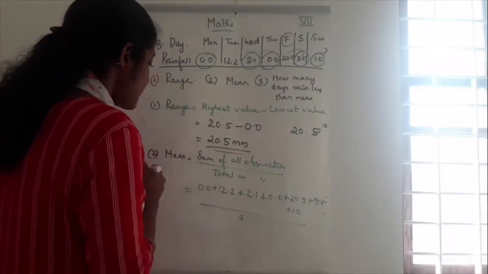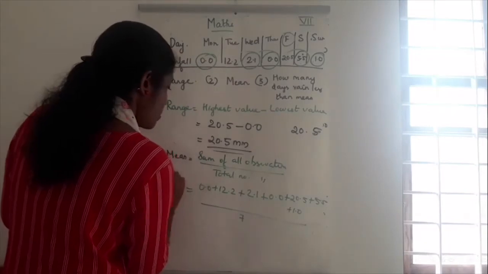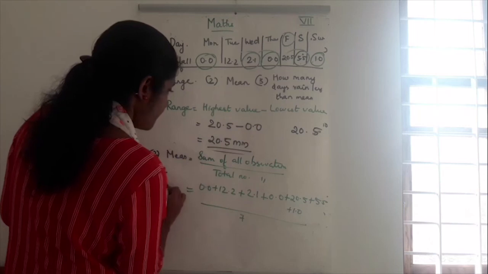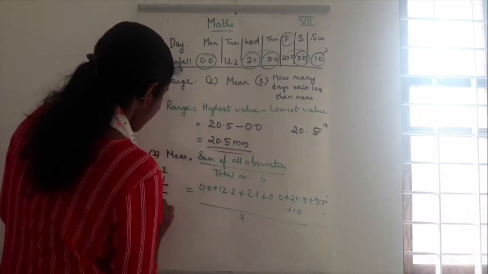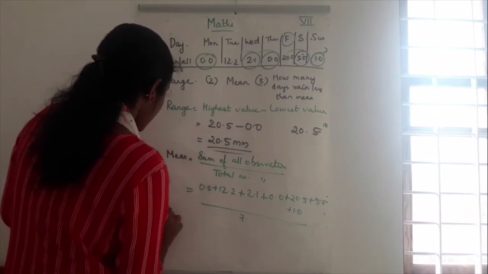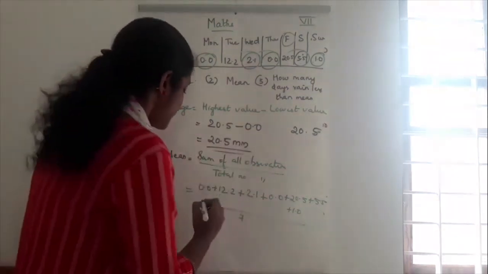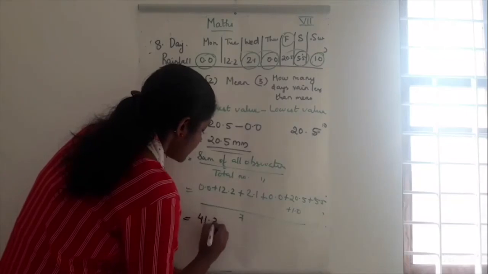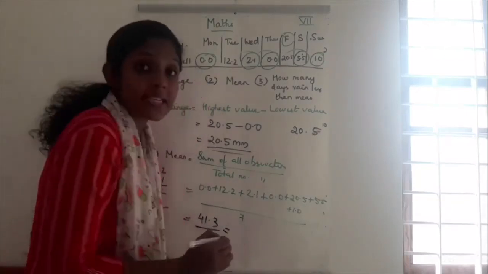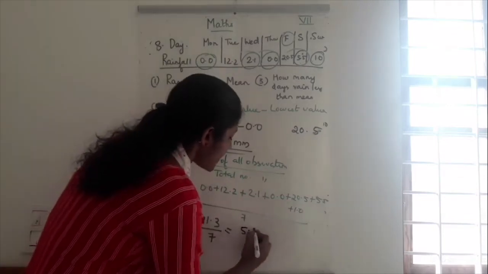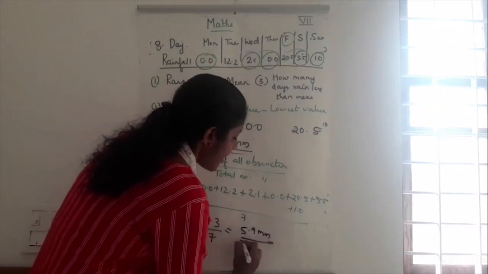So when you find the sum, you will get 41.3. So 41.3 divided by 7, the number of observations, you will get 5.9 millimeter as the mean.